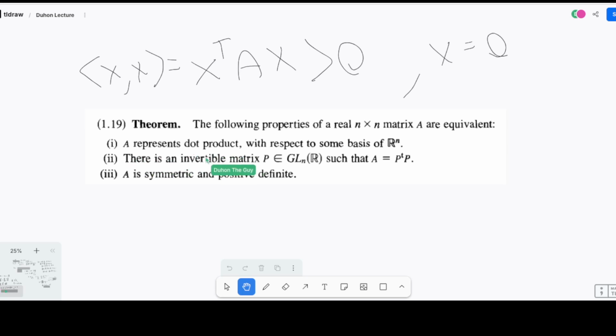Two, there is an invertible matrix P such that P transpose times P is equal to A. That was already shown specifically in, where is it now? There's a corollary that I probably couldn't drag in here, but it's right here.